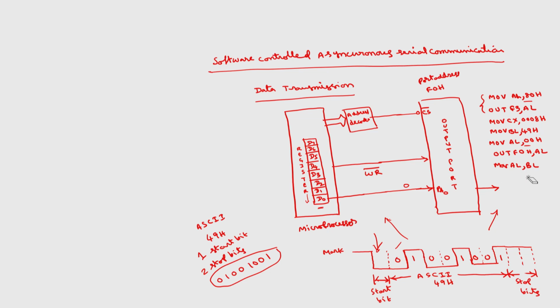So, if I write OUT F0H, AL, what happens? I have taken this 49H in AL. In AL I have 49H, which is 0100 1001.